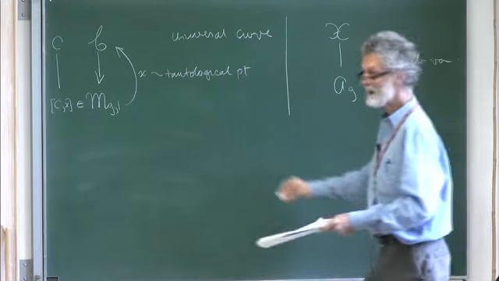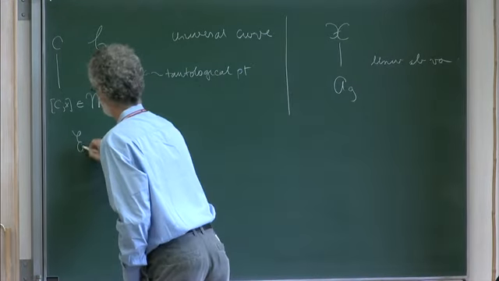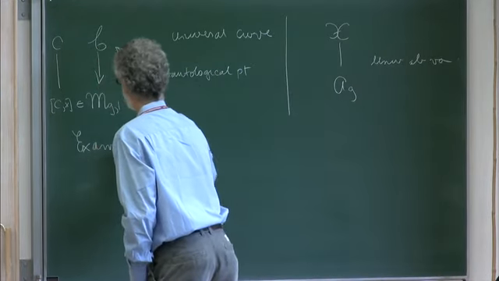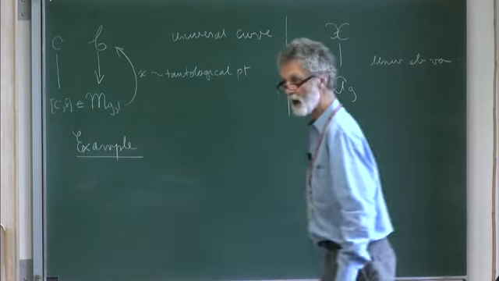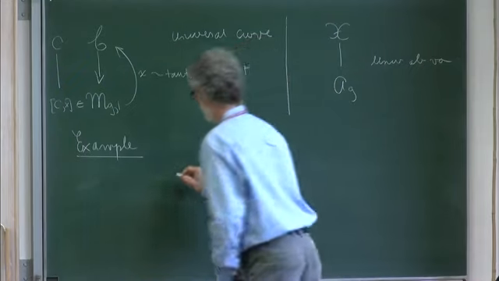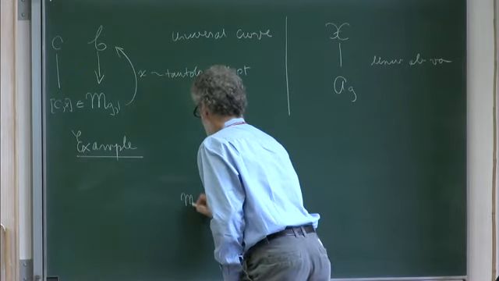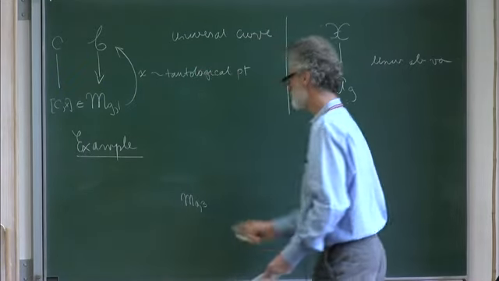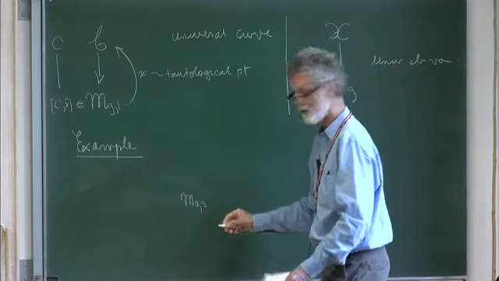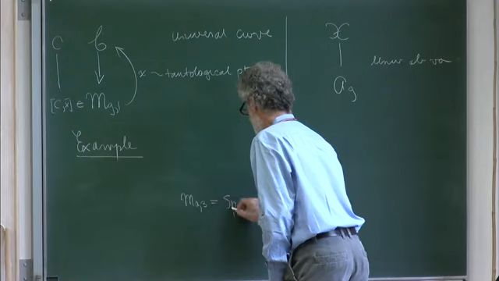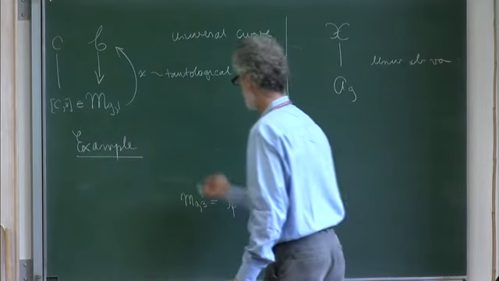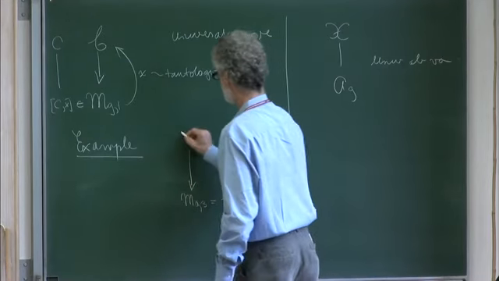Right? And now an example. You can take M0,n, but here I want to take M0,3. It's just one genus 0 curve with 3 points, and this is going to be Spec Z. And then over it, what's the universal curve?